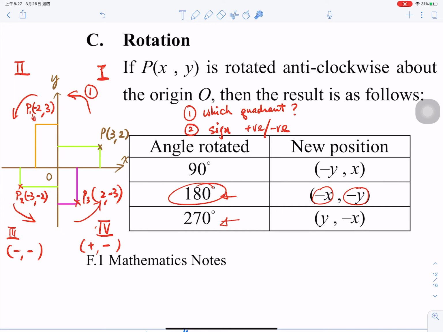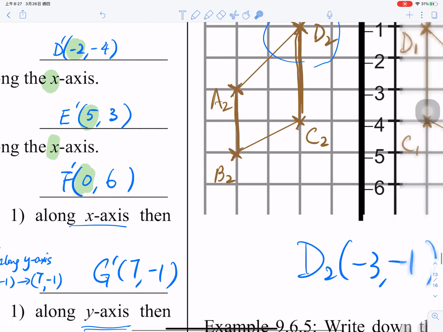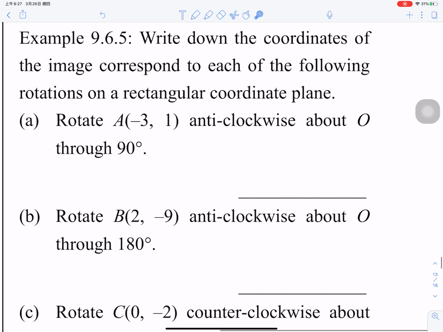Okay, let's see some examples. 9.6.5. Let's have a look. Write down the coordinates of the image corresponding to each of the following rotations on the rectangular coordinate plane. Part A: -3, 1 anti-clockwise about O through 90 degrees.